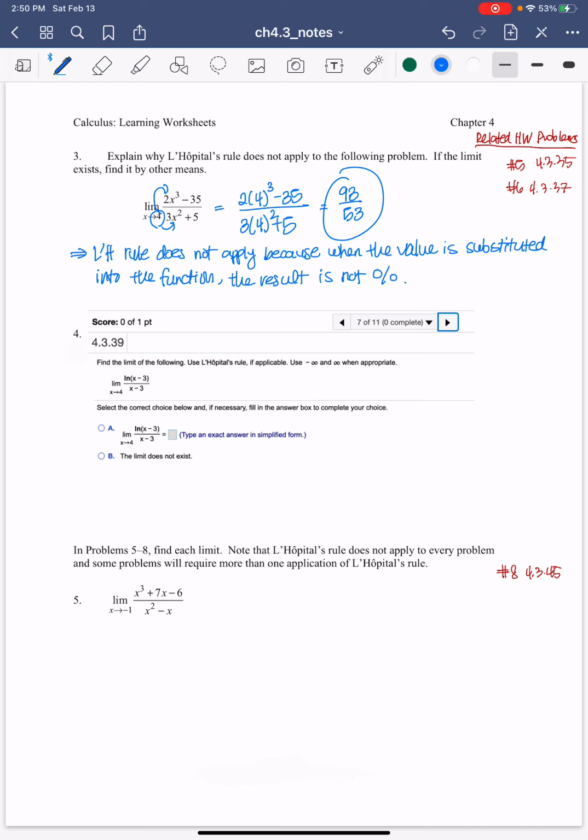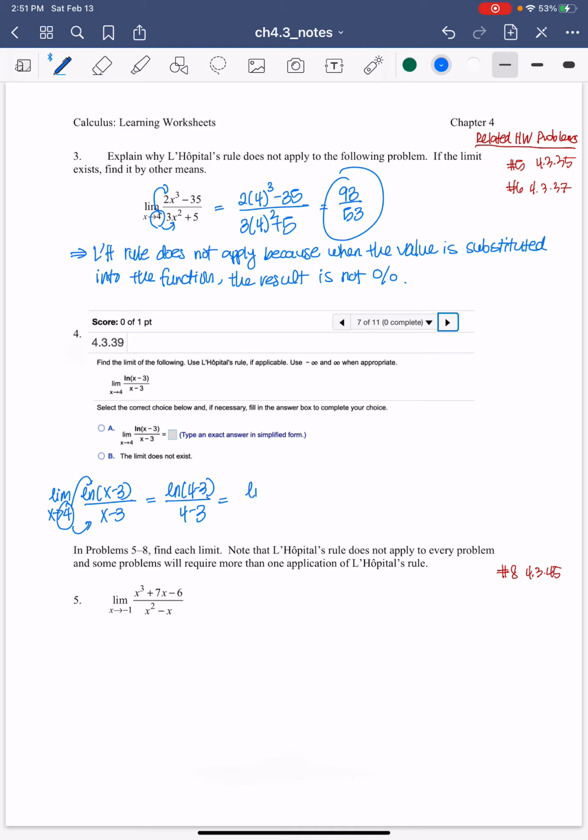Limit as x goes to 4, ln x minus 3 over x minus 3. Well, let's first begin by plugging it in to see if we get an indeterminate form. If we apply 4, we get ln of 4 minus 3 over 4 minus 3.